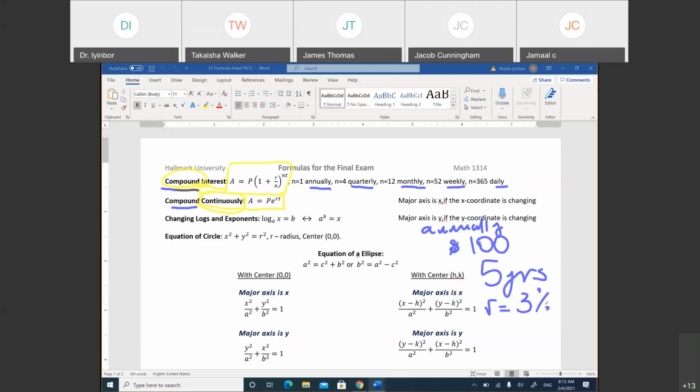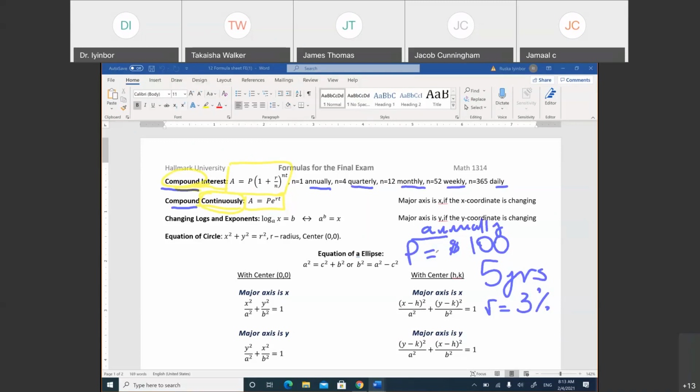So what happens here? I'll explain what happens, and then I'll tell you how to plug it into the formula and what your result will be. When you invest your money, after the first year, because it's annual, you calculate the rate and add it to the principal. The money you start with is called the principal.